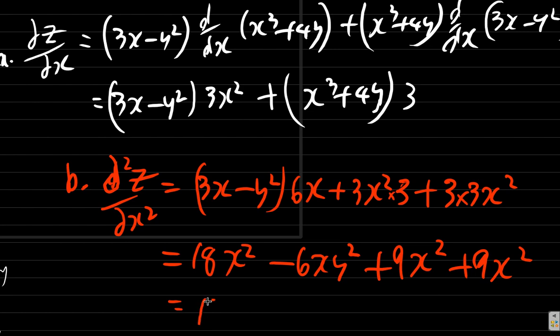What you'll have is 18x squared minus 6xy squared plus 9x squared plus 9x squared. So what you're going to get is 18x squared. Alright? So you have 18x squared for that part.